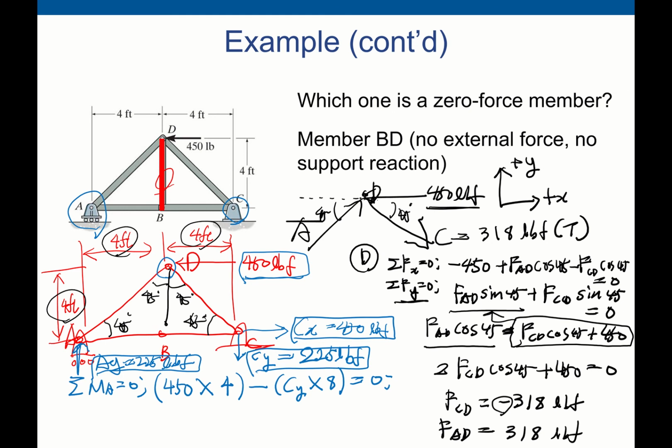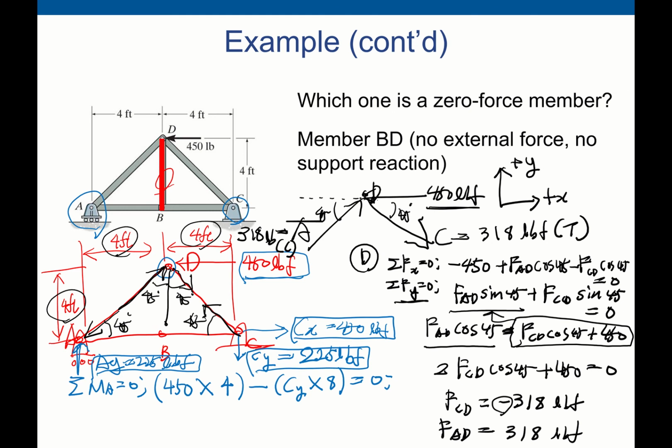So FAD is 318 pound force, and this one is compression. So we find this one is compression, and this one is in tension. I guess this one is also in tension. This one is compression.